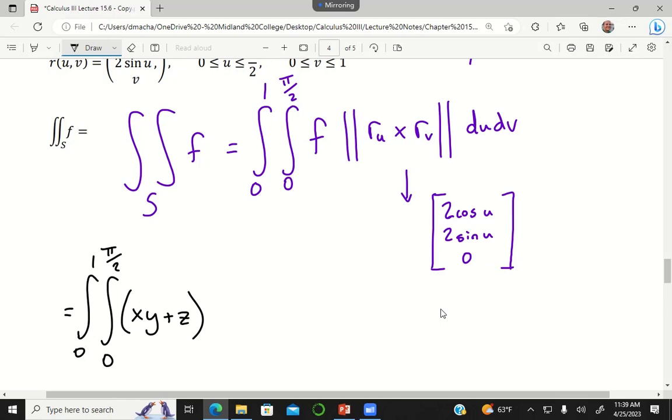And then this norm is going to be the square root of 2 cosine u squared, so 2 squared times cosine squared, plus 2 sine u, all squared, so 2 squared times sine squared u, and then du dv.